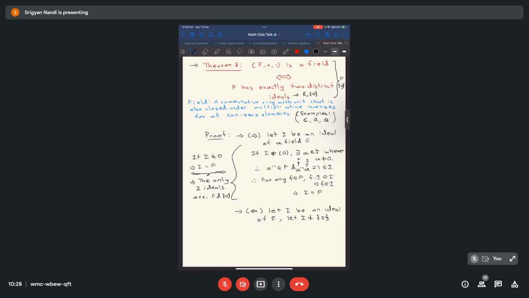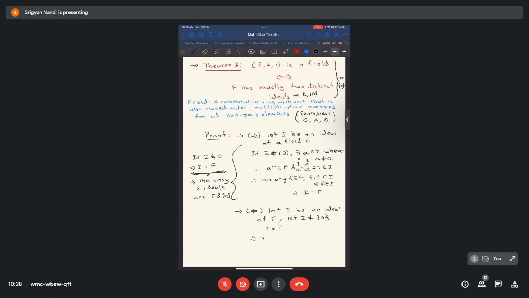So again, we come to the same conclusion that I is equal to F. Since the only two ideals in this case will be F and 0, and if I is not equal to 0, then I has to be equal to F.